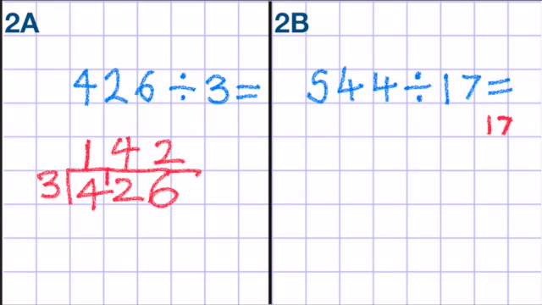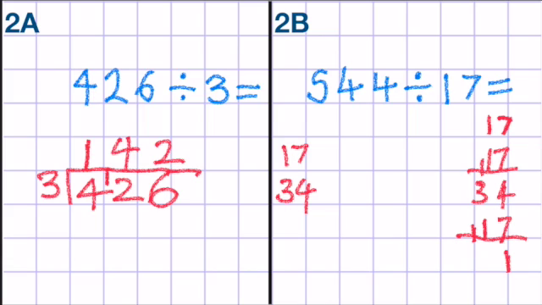So it's going to be 17, 34. And then if we add another 17, 7 add 4 is 11. That's 51. And we can add 17 again. That's 68.